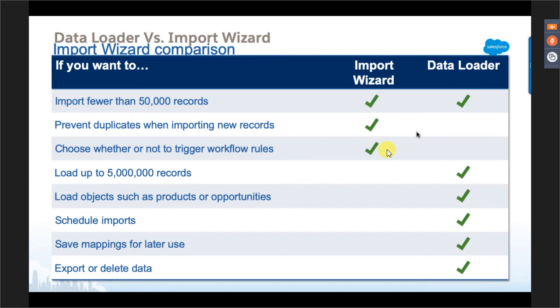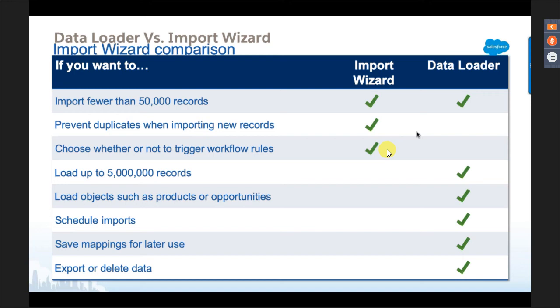Again, CCCLAS: custom objects, contacts, campaigns, leads, accounts, and solutions are the only objects you may import using the import wizard. Working with the import wizard does bring a couple of unique features with it.